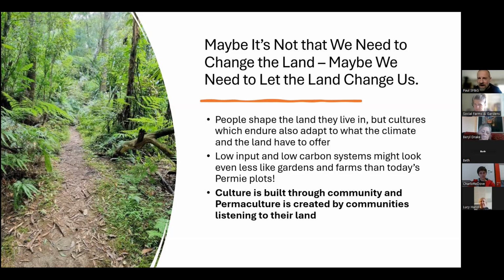Low input and low carbon systems, which mimic nature, look even less like gardens and farms than most contemporary permaculture plots do. And culture is built through communities listening to their land, and over time adapting, listening to the land.